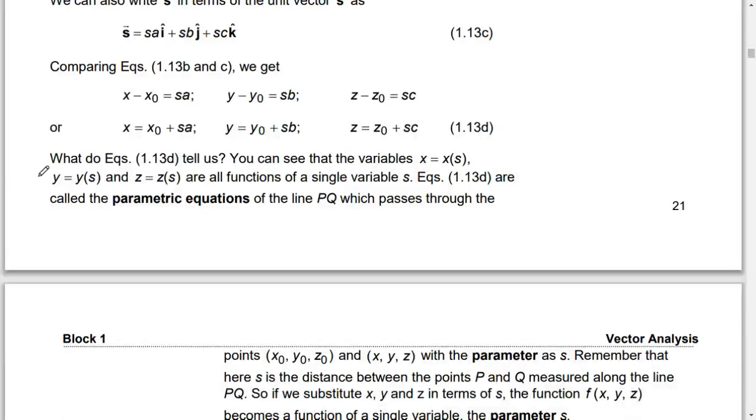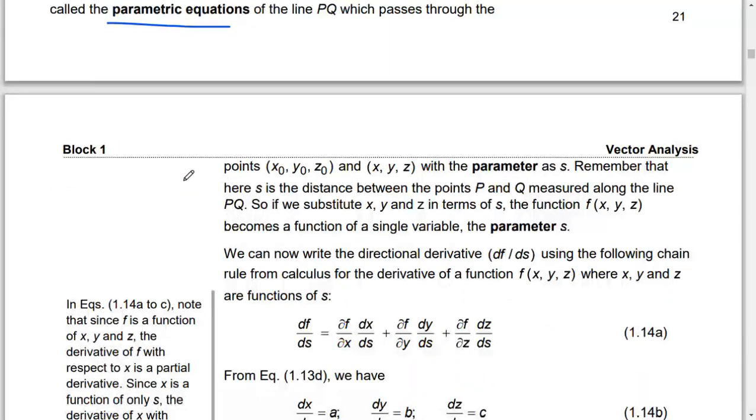These equations are called the parametric equations of the line PQ, which passes through the points x0, y0, z0 and x, y, z with the parameter as s. Remember that here s is the distance between the points P and Q measured along the line PQ.